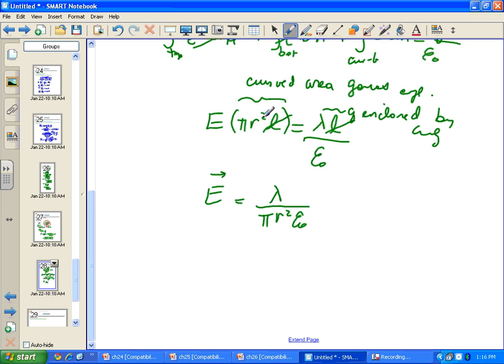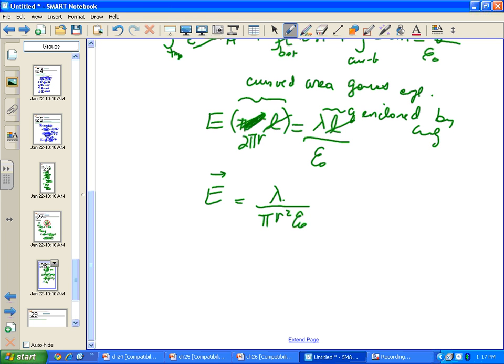Oh, let's see, is it 2 pi r squared? Let me see here. Am I missing an expression here? Oh, sorry, this is not pi r squared. Uh-oh. This is 2 pi r.